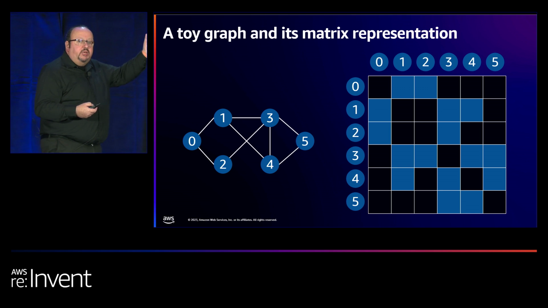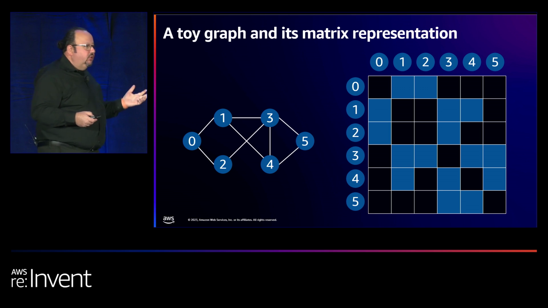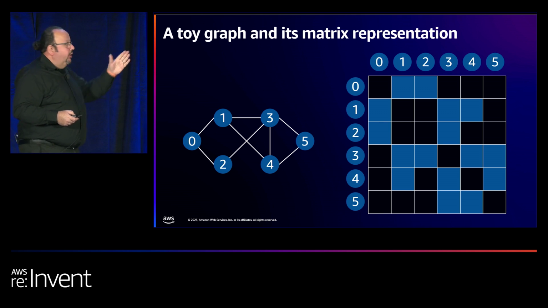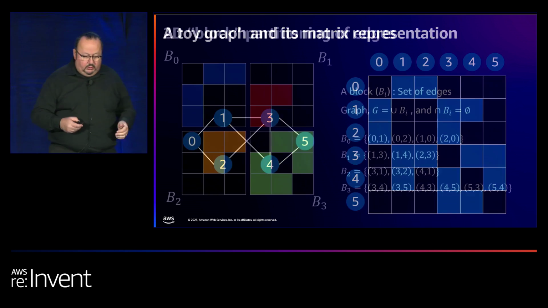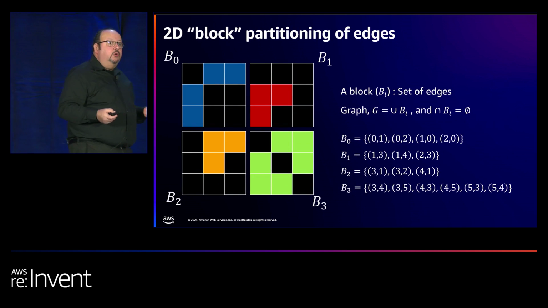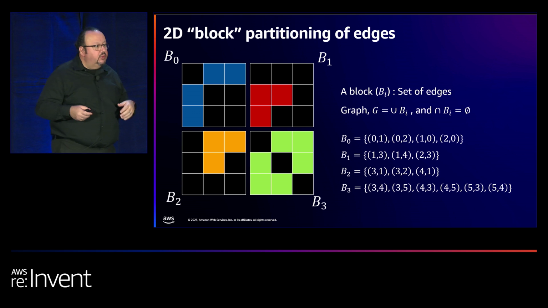But we can create a sparse matrix of the graph, right? This is very traditional computer science. So if there is an edge between 0 and 1, there is a non-zero at the 0, 1 position in that matrix, okay? So what we do is 2D block partitioning. Basically, we partition horizontally and vertically at the same time, such that diagonal blocks are squares, okay? So what does this allow us?